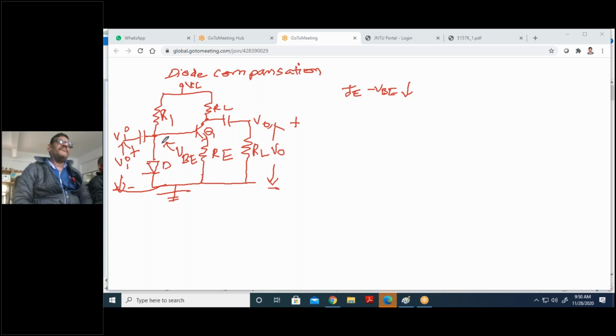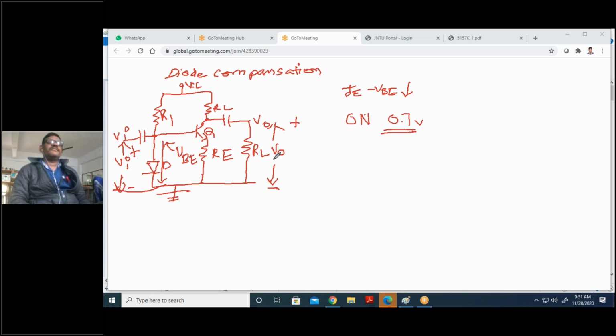At the same time, what happened? The diode current is conducted by the diode, meaning the diode is in the on state. You know very well, whenever a diode is in the on state, 0.7 volts is maintained across it, nothing but the knee voltage. So if the voltage in VB decreases, the diode goes on and maintains 0.7 volts.